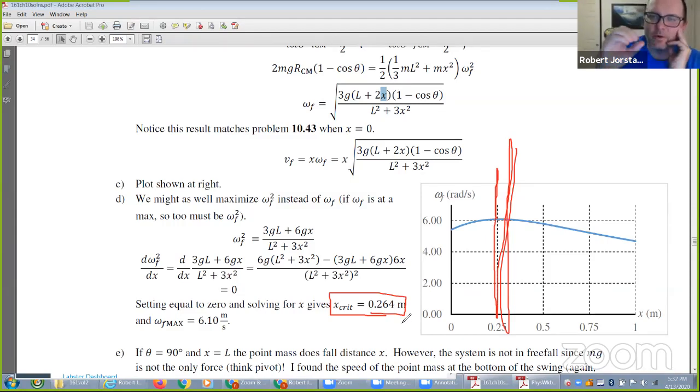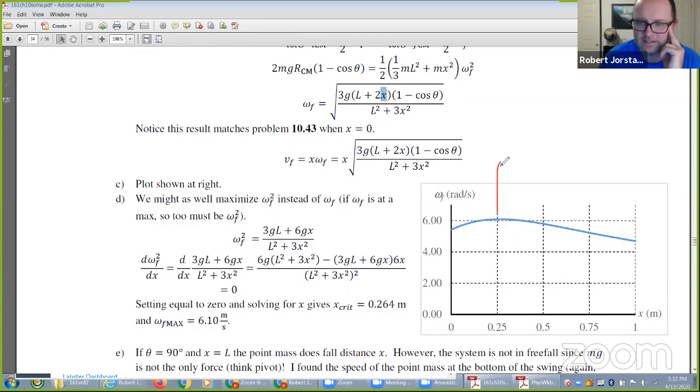As you move the point mass out, you increase the moment of inertia, but not significantly. At the same time, you're adding to the torque by shifting the center of mass over dramatically. However, at some point, once you get far enough out, you're increasing the moment of inertia more than you are adding to the torque. And so it turns out these two competing things, for every system, they're going to balance out at some weird point.